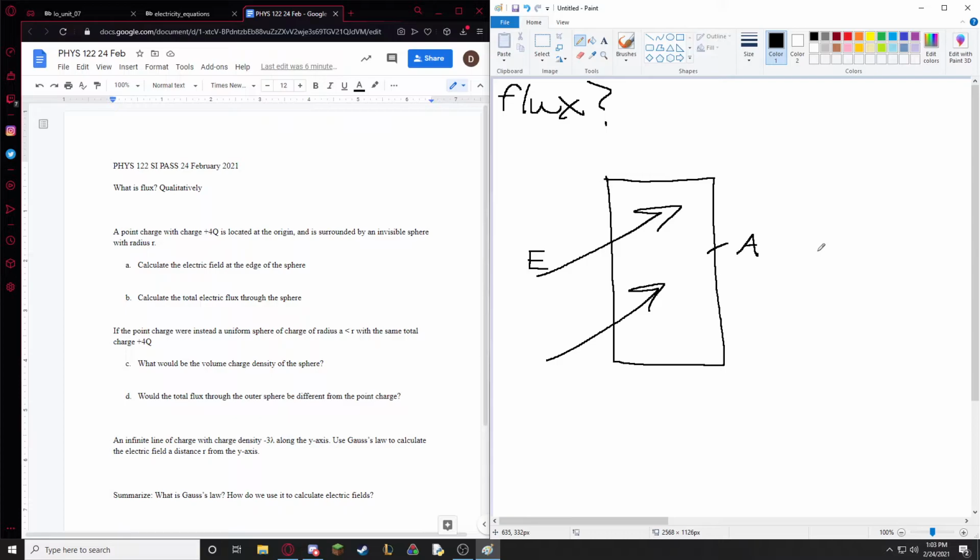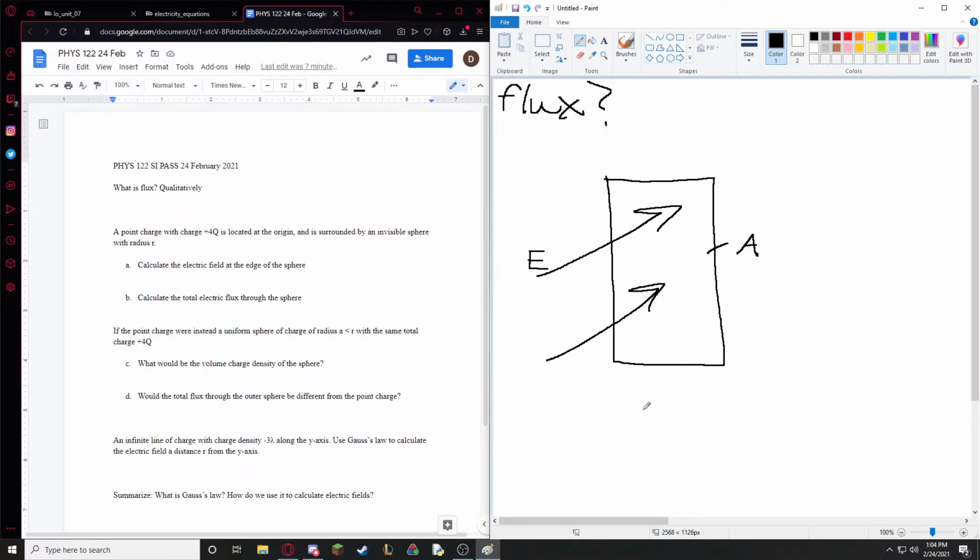Does it maybe have to do with how many lines pass through the surface? Does that ring a bell for anyone? Yeah. So the whole idea of what flux is, hand-waving, is a way of defining how much electric field passes through a certain area.